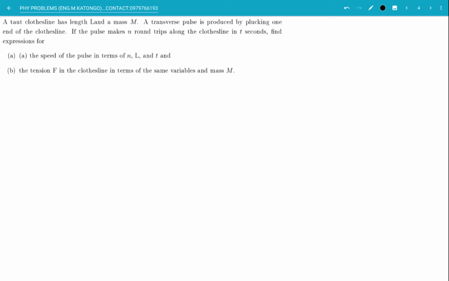A taut clothesline has length L and a mass M. A transverse pulse is produced by plucking one end of the clothesline.